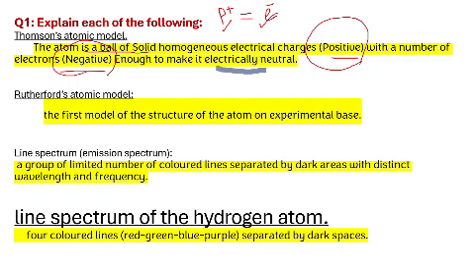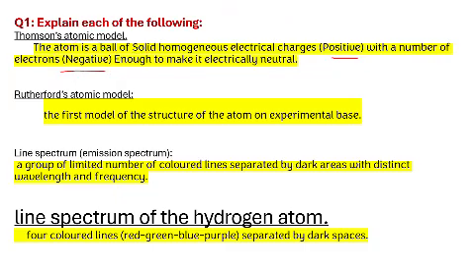This is for the first question concerning Thomson's atomic model. He considered the atom as a homogeneous ball, a solid homogeneous ball of positive and negative electric charges, and the number of positive charges is equal to the number of negative charges, which makes it electrically neutral.